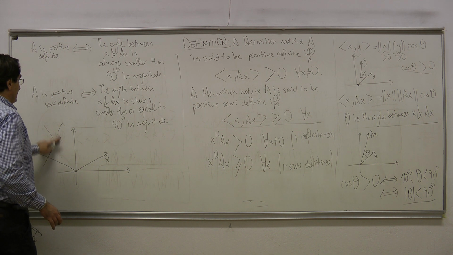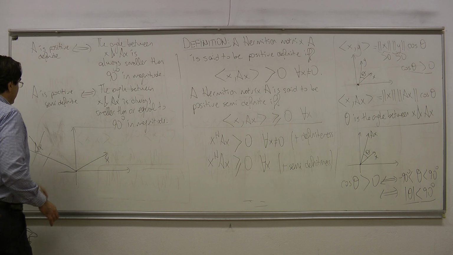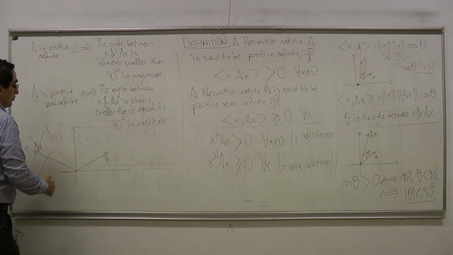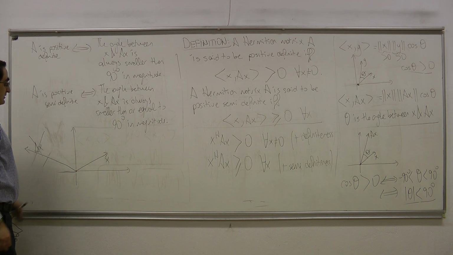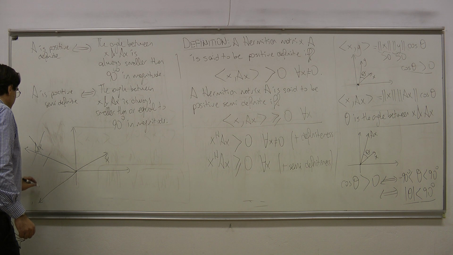So this can't be Ax, because if A is positive definite, this angle between x and its transformed version can never exceed 90 degrees. Or Ax cannot be like this either.